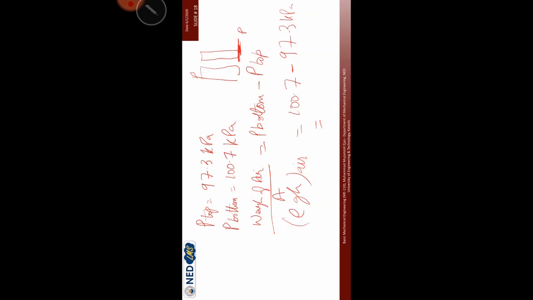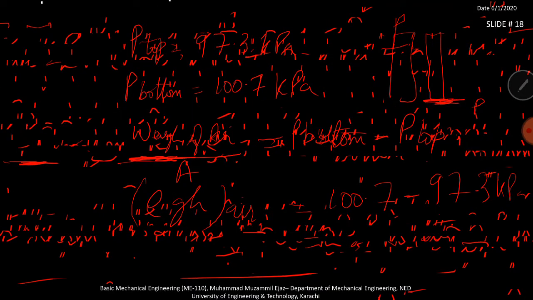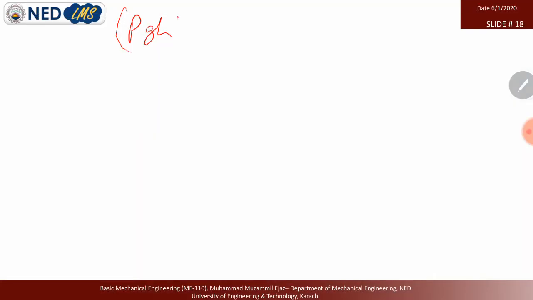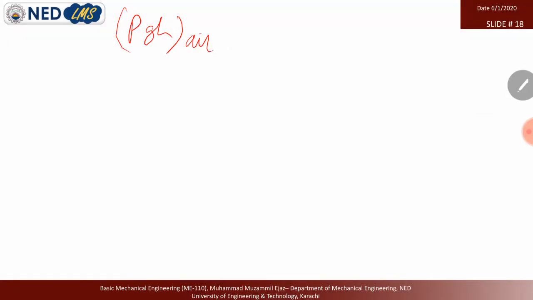This mobile is making problems in the slides. Anyway, we get rho g h of air equal to 100.7 minus 97.3.